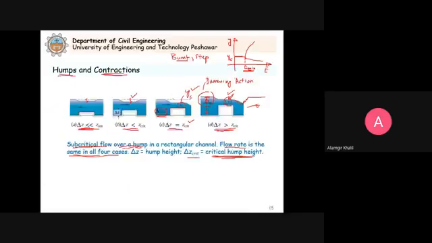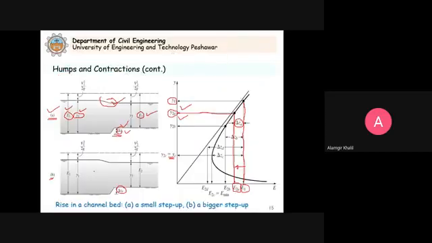Essentially, we are bringing the specific energy to the minimum, where we have the critical depth, so we are decreasing the specific energy until we come to E minimum. For delta ZB, we come from here to here.